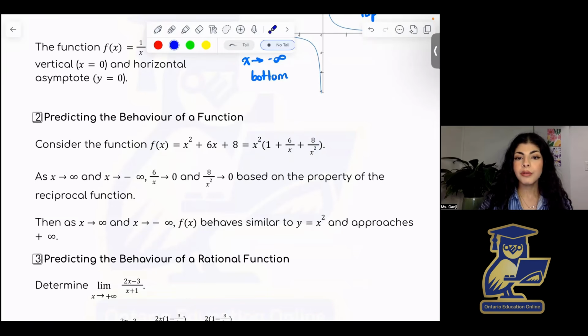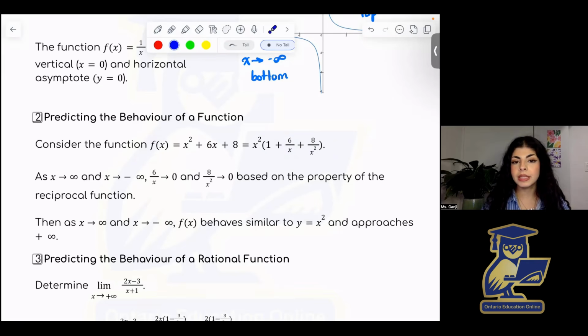Now, consider for great or very large values of x, what is happening to this function? So clearly we know that for large values of x, the x squared is going to be growing and growing. But what happens here? So 1 is just 1, it's a constant. But this, because we have 6 on the top, and imagine a huge number here like 1 million.